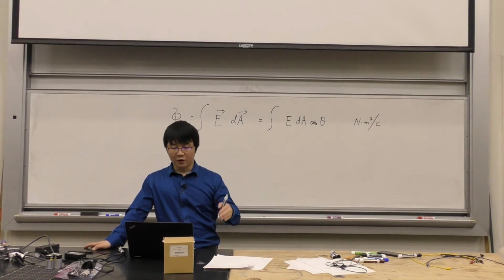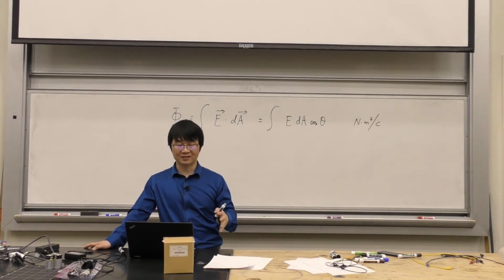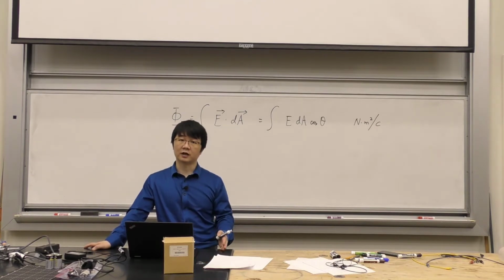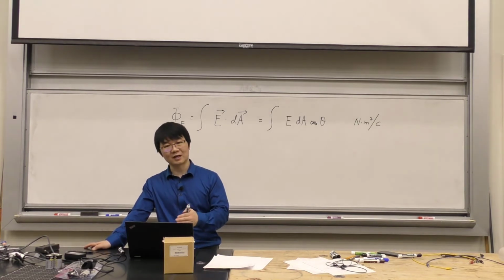I hope that can help you visualize electric flux. Again, it's a totally mathematical concept. It doesn't have any everyday equivalent. You can think of it as proportional to the number of electric field lines passing through the surface.